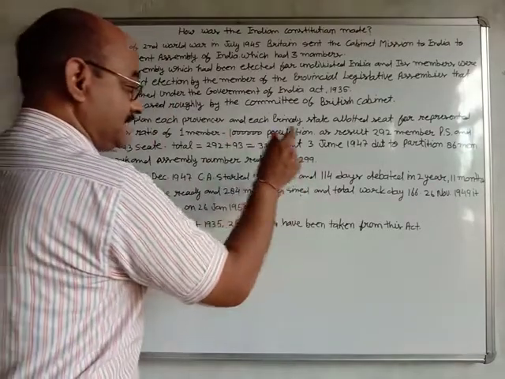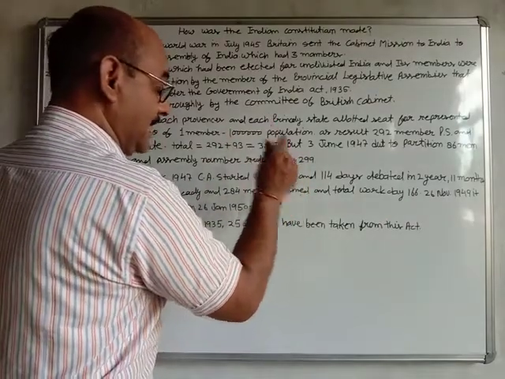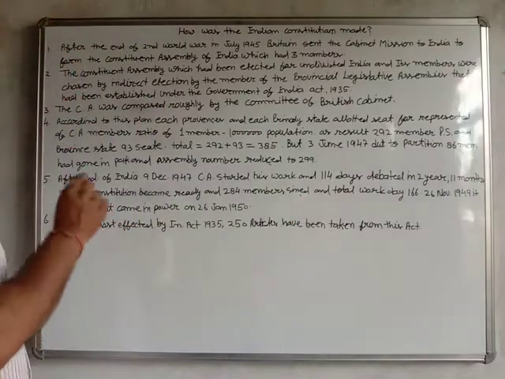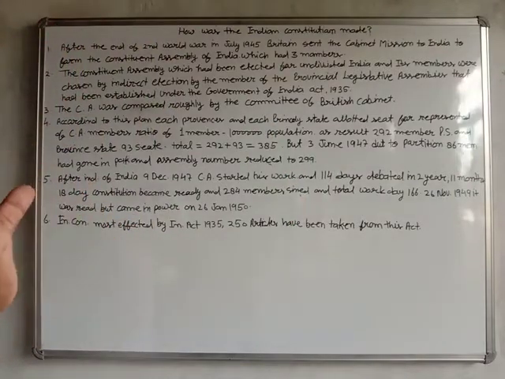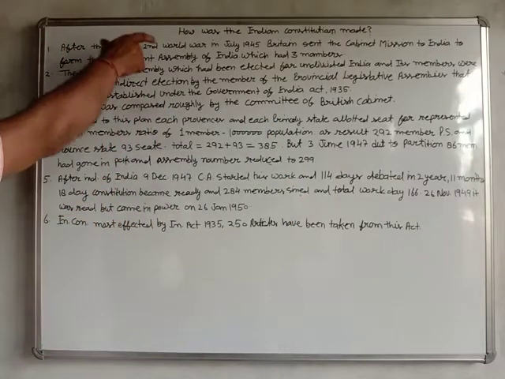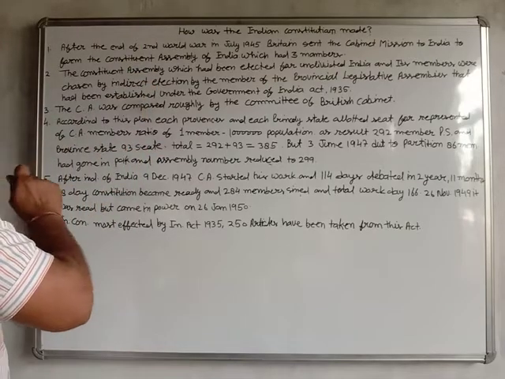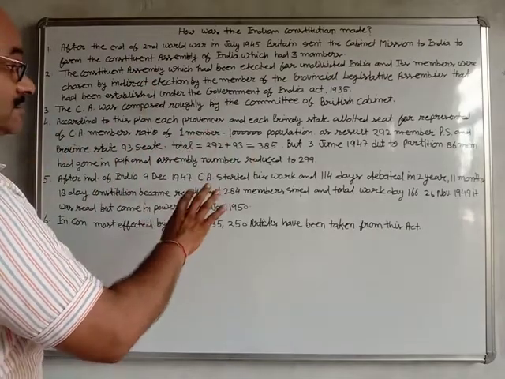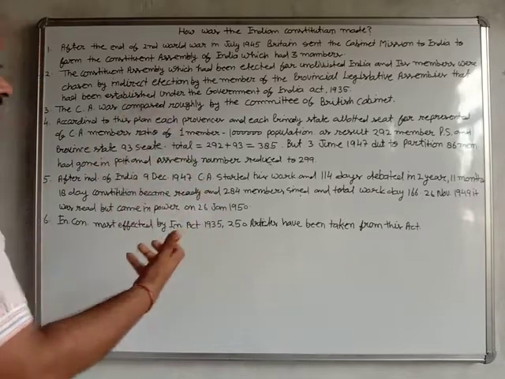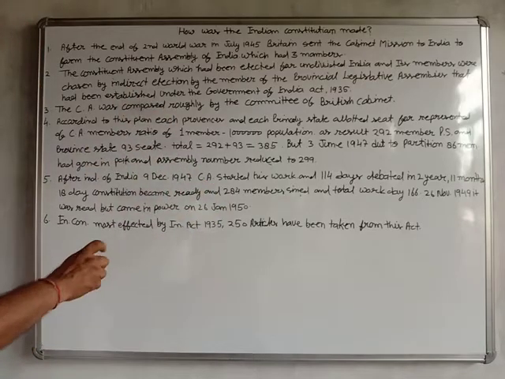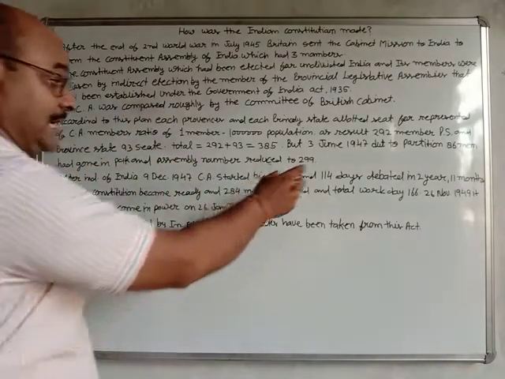These 299 members had the responsibility to make the constitution for Indians. So I have given a brief history of the election to elect the representatives for the Constituent Assembly.